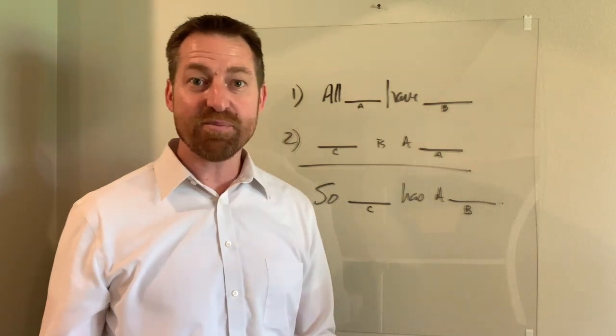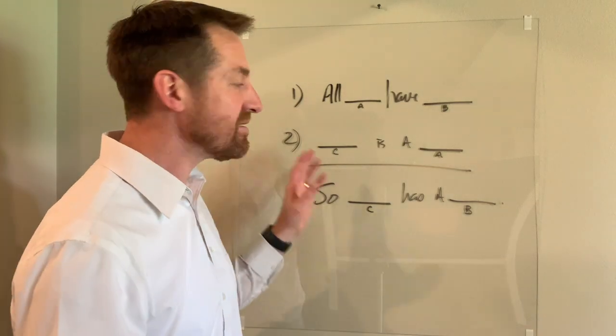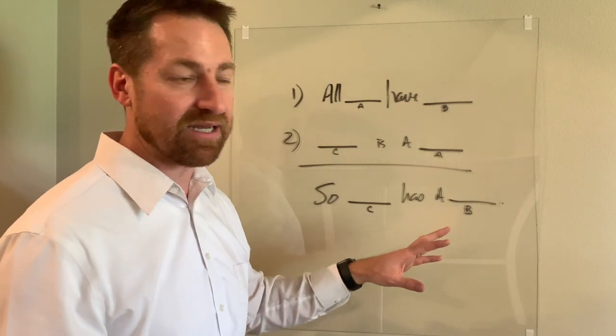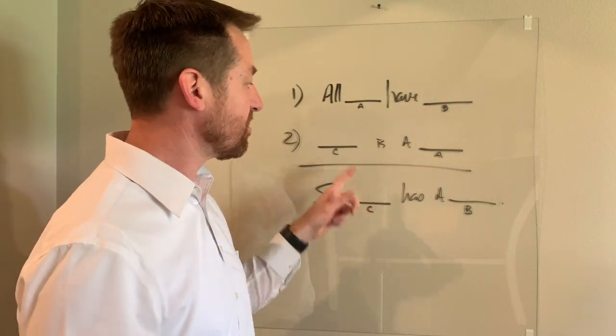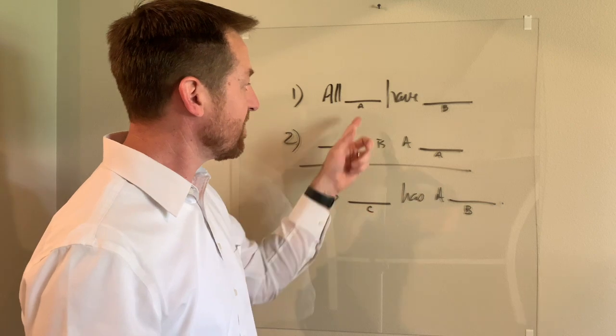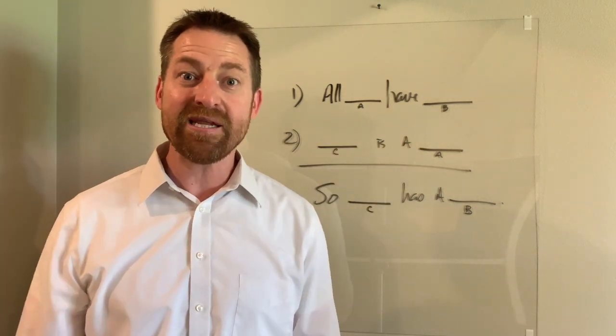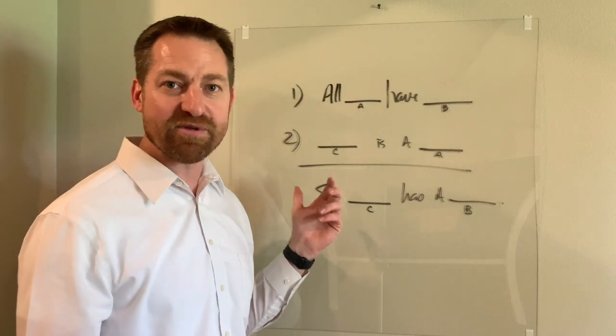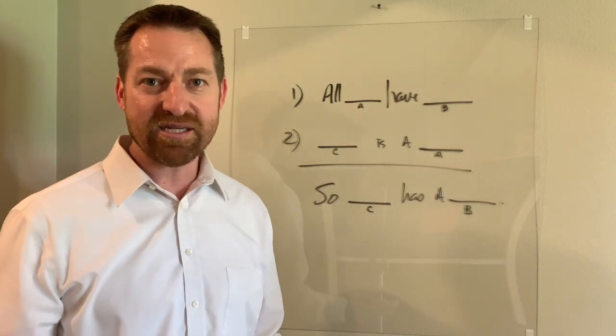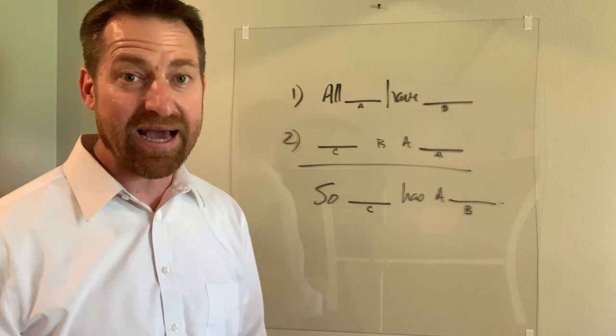This is a valid argument form, which means this: we can substitute anything we want in here. And no matter what you put in, as long as you're consistently putting the C's where they go, the A's where they go, you will have a valid argument, meaning you'll have an argument where if the premises are true, the conclusion would be guaranteed to be true. You may take a second and just try it out.